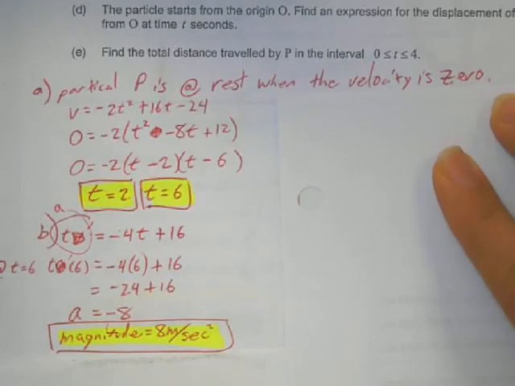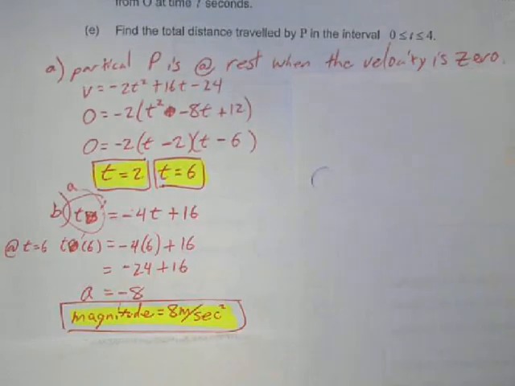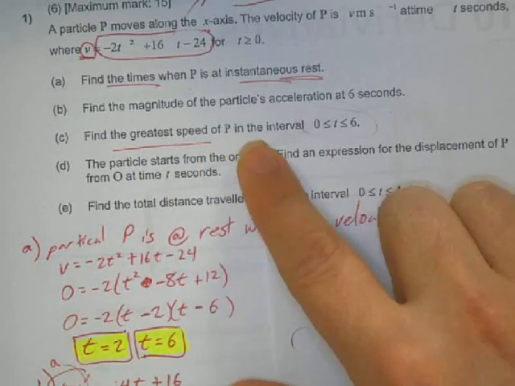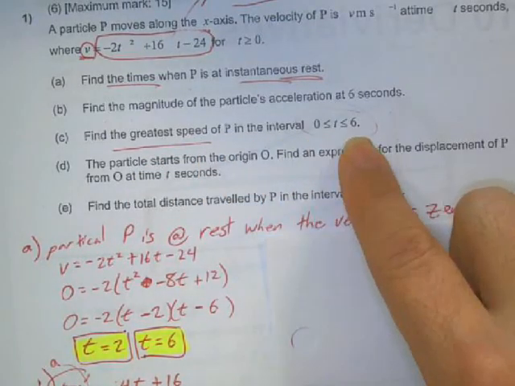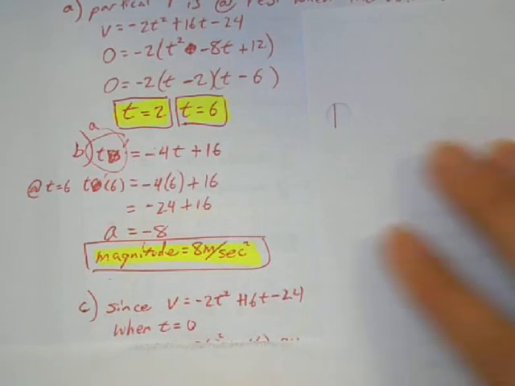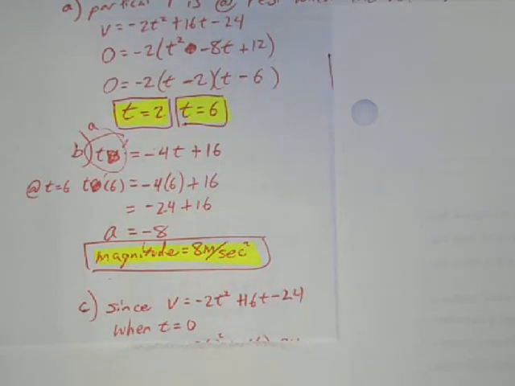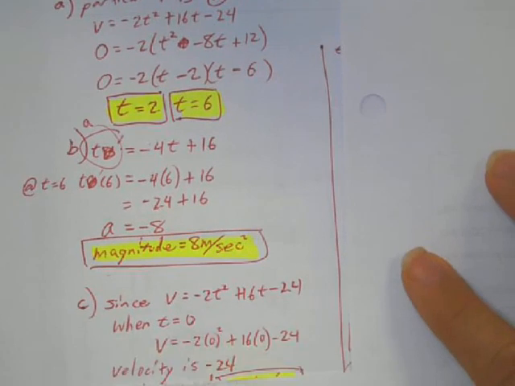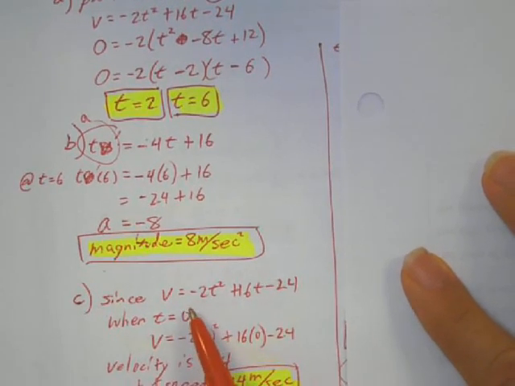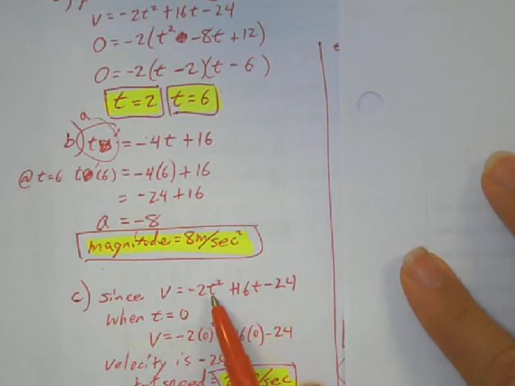Okay, so question C. Find the greatest speed of p between 0 and 6. So the greatest speed is at time 0. Because if I look at this function, if I plug in 0 for t, I get negative 24.